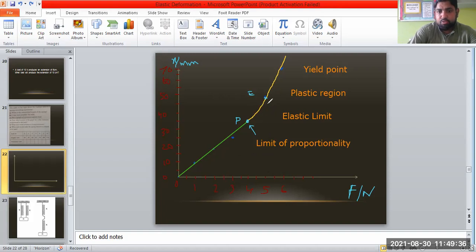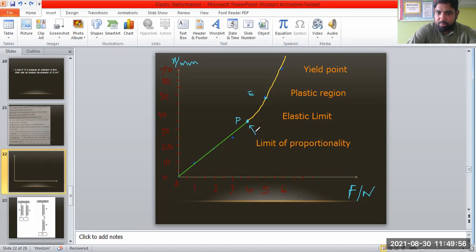But if you exceed the force from that 5 newton point, say you apply a force of 6 newtons, then there will be permanent deformation. So the final force up to which, if you remove the force, the object will regain its shape, is the elastic limit.